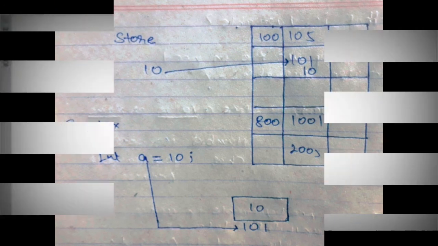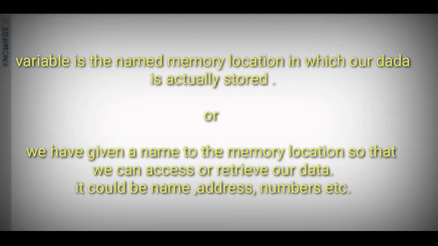We can now conclude by saying that a variable is a named memory location in which our data is actually stored. In other words, we have given a name to the memory location so that we can access or retrieve the data. It could be your name, your address, salary, anything, whatever type of data you are storing.